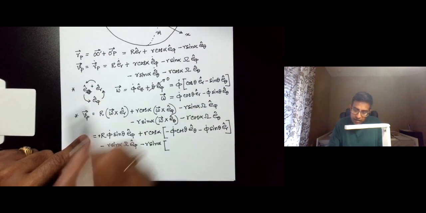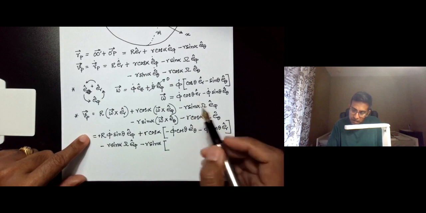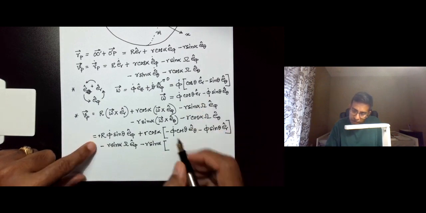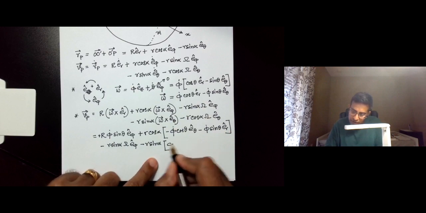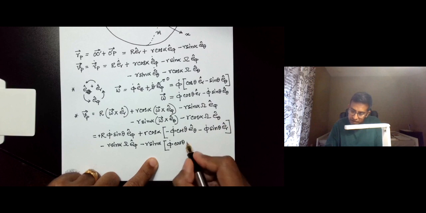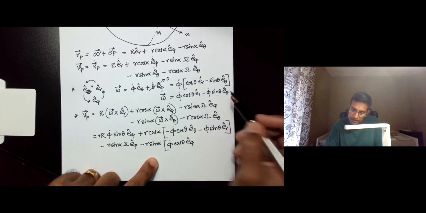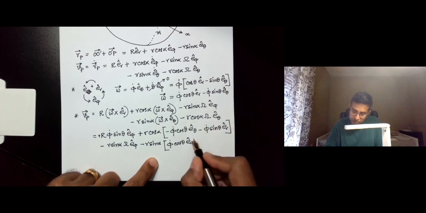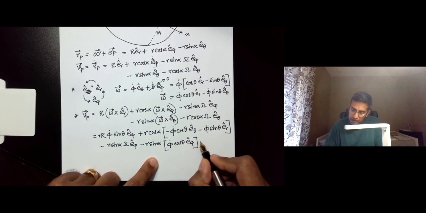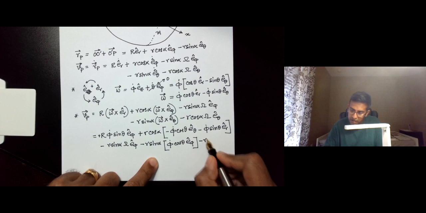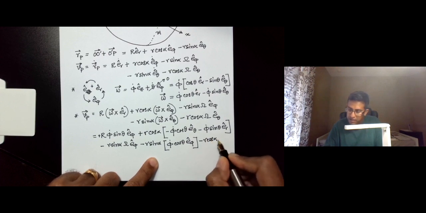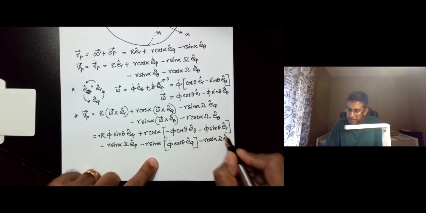ER cross E theta gives E phi, so we don't have to change the sign. So we have R cross theta here, so we have phi dot cosine theta. R cross theta gives us E phi. And then we have theta cross theta, which is going to be 0. And then the last term is going to be minus R cosine alpha capital omega E theta.